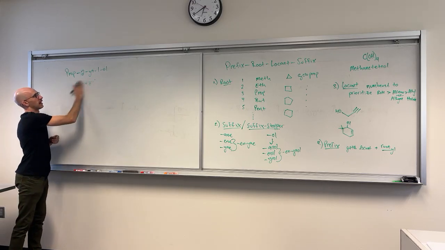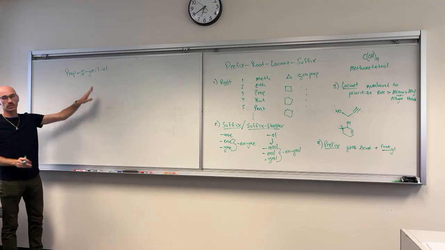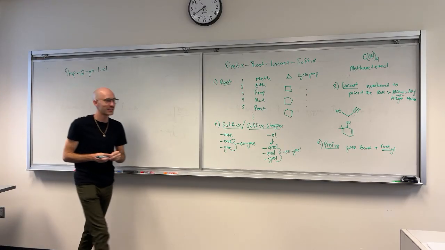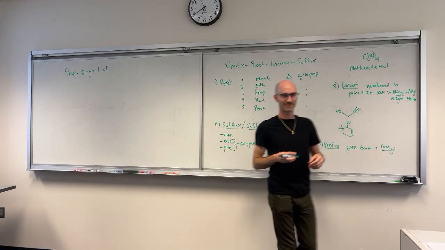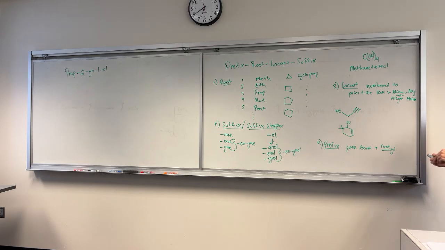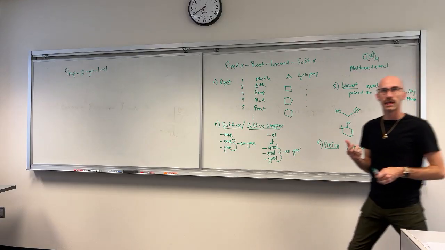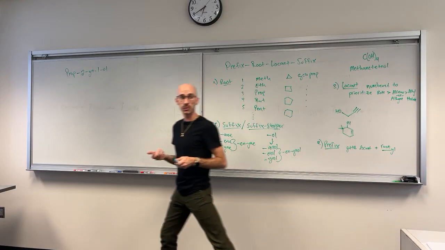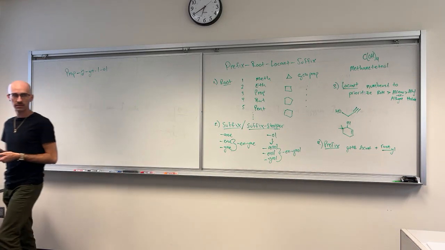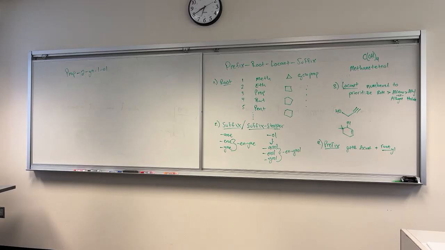So, best name here looks like this. Such a small little molecule, such a big name. What's wrong if you say 1-hydroxypropyne? If you name the alcohol as a substituent rather than in the suffix, if you call it hydroxy instead of ol, you're not naming it the way that I'm teaching you to.